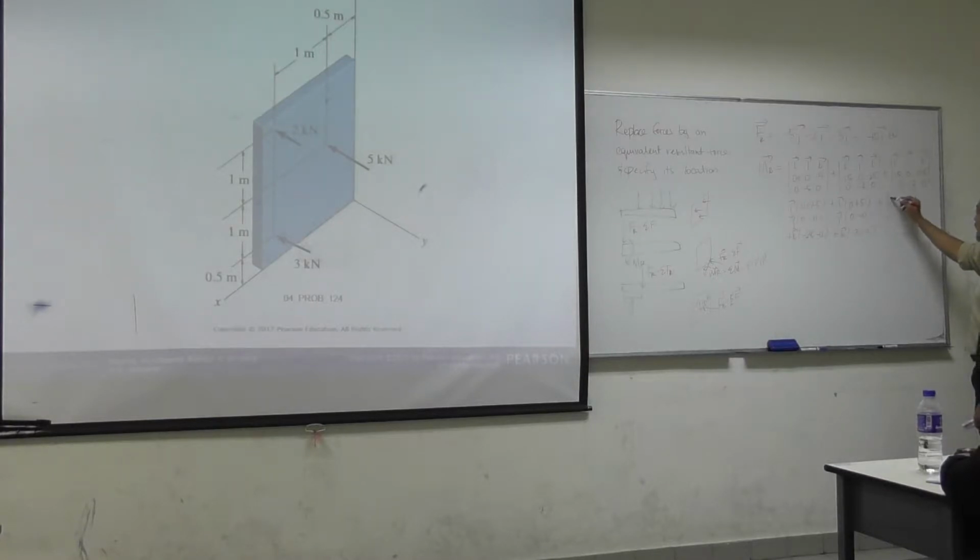Plus I, so 0 plus plus 1.5. Correct? Minus minus. Right. Minus J, 0 and 0 plus K, 4.5 minus 4.5, 0, right?